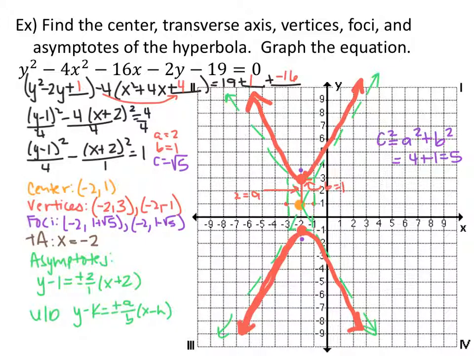And since it's an up and down facing hyperbola, I went up A and over B, so I got plus or minus 2 over 1. So y minus 1 equals plus or minus 2 times x plus 2. So for an up and down facing hyperbola, your asymptotes, instead of having a slope of b over a like the previous example, have a slope of a over b, but everything else stays the same.